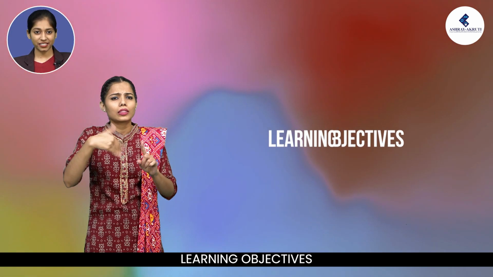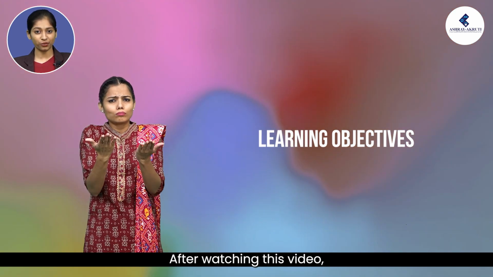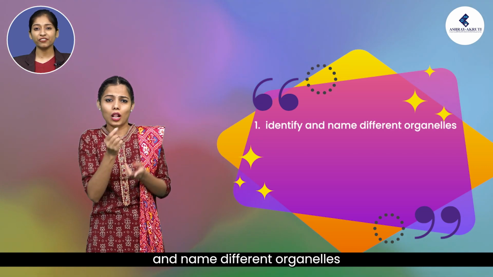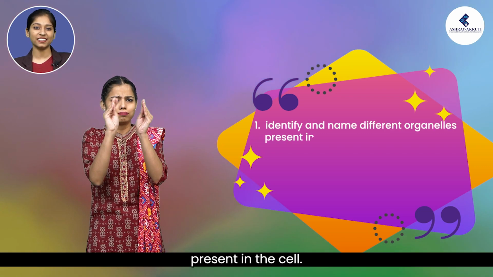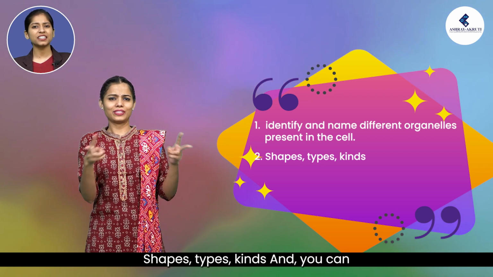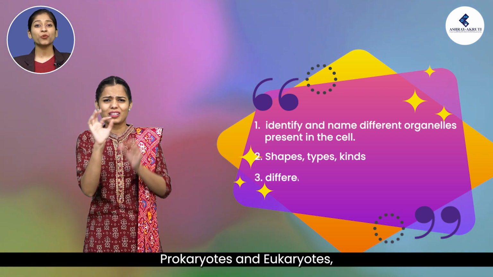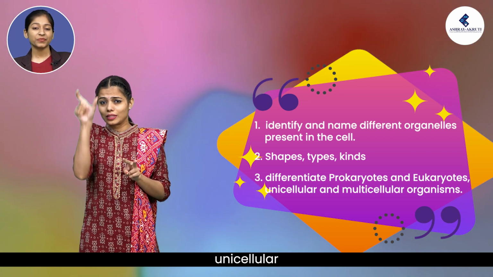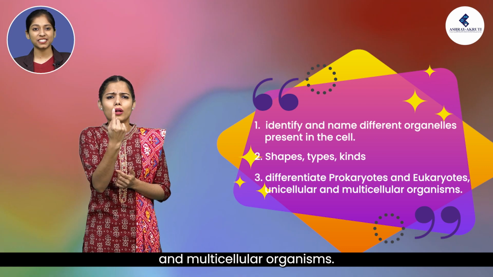Learning objectives. After watching this video, you should be able to identify and name different organelles present in the cell, shapes, types, kinds, and you can easily differentiate prokaryotes and eukaryotes, unicellular and multicellular organisms.